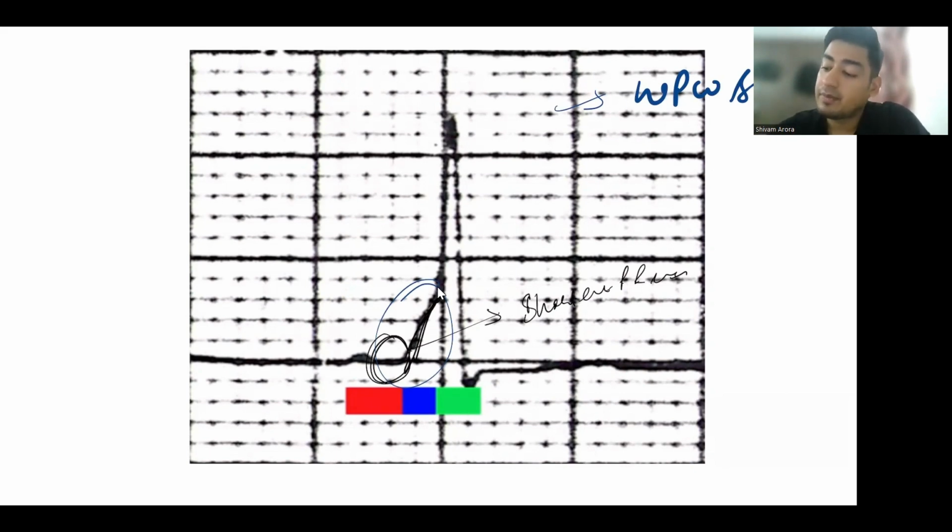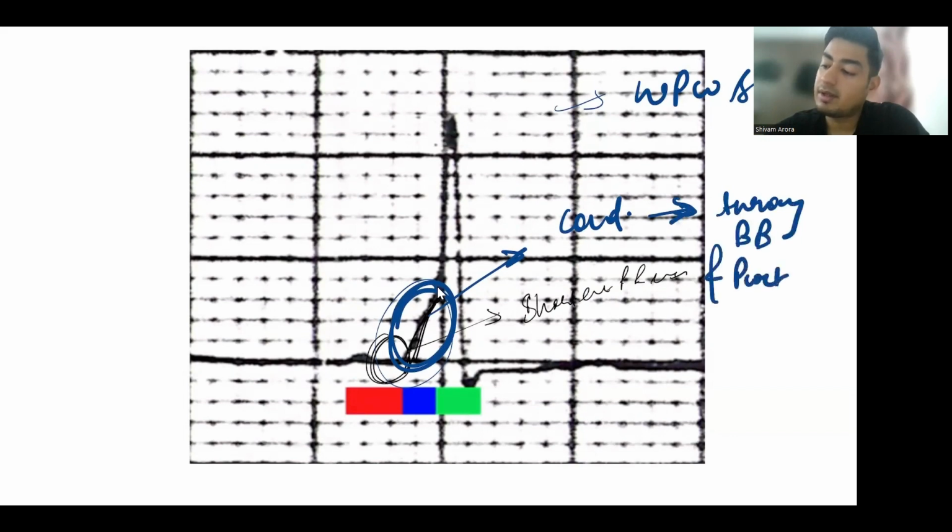So we have this formation of delta wave because of conduction through the accessory pathway, as it is conducting directly into the ventricles without conducting through bundle branches and Purkinje fibers. And as we know, ventricular musculature conducts at a slower rate. So there will be this delta wave followed by a normal QRS.